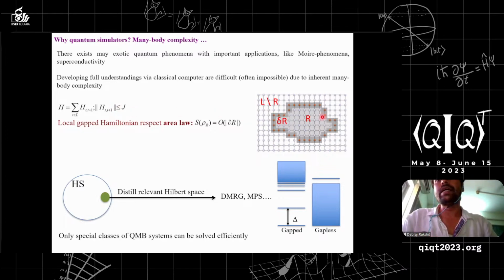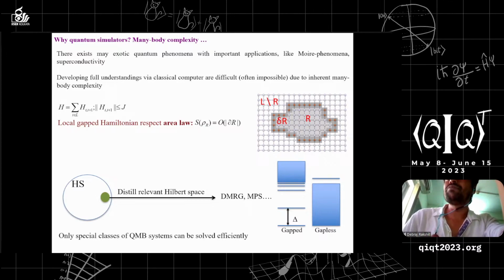In this, you can create a boundary like that and try to see what the von Neumann entanglement entropy is for the content within this area. What happens is that local gapped Hamiltonians have something which is called an area law. So the entanglement entropy increases with the area, so it's not a volume law.